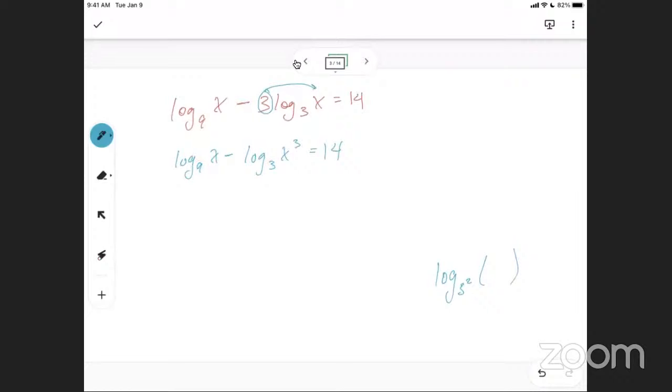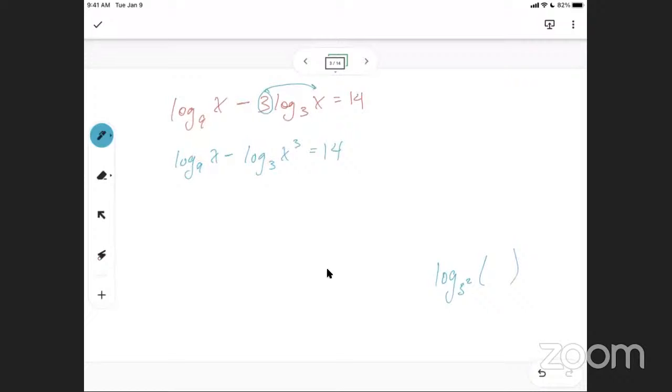Do you have a log property? No. Let me see. I'm gonna look it up real quick. I could kind of create the property, but I'd rather just look it up and find it because I know I've seen it before. Mm-hmm. There's something with the base. Yeah, here it is.